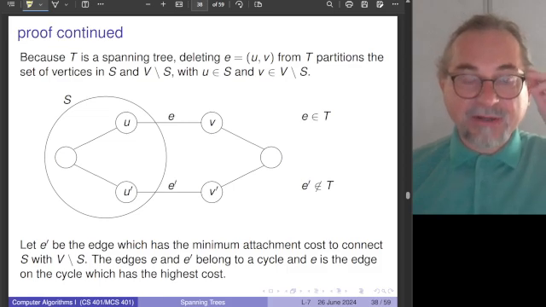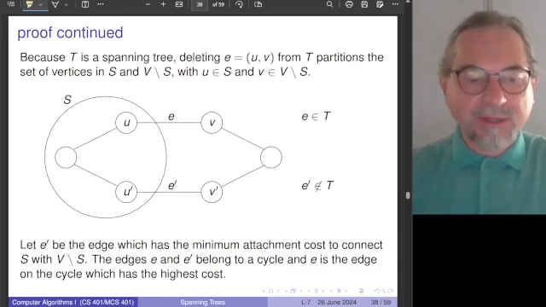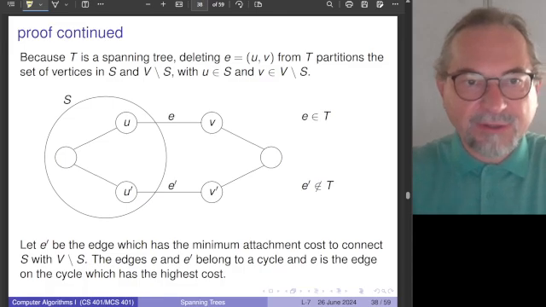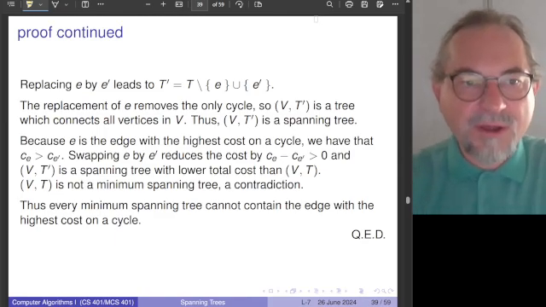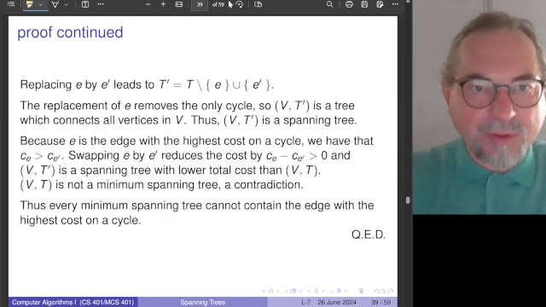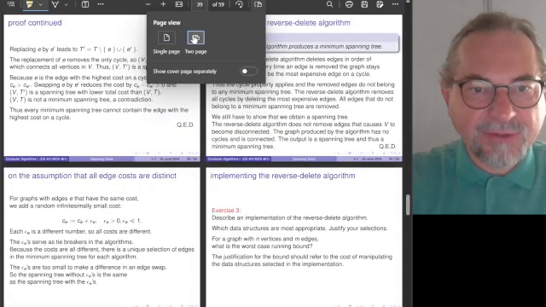So that's the argument. That will be continued in the next step. So what we do is we are swapping, and perhaps I should do this again in the 2-page argument.